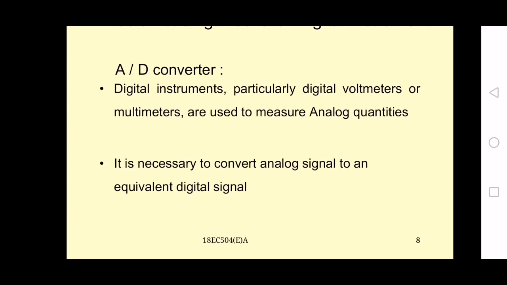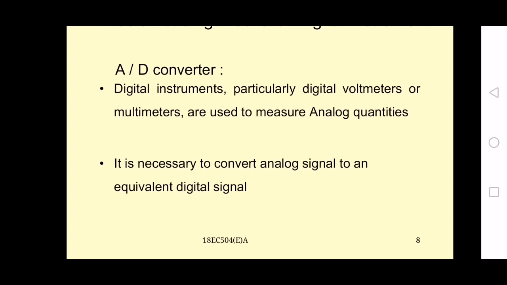The input signal is analog in nature, that is, a continuous signal coming from different real world sources such as temperature, current or voltage from different instruments, or pressure or humidity from the environment that we are going to measure. That has to be converted by the analog to digital converters.